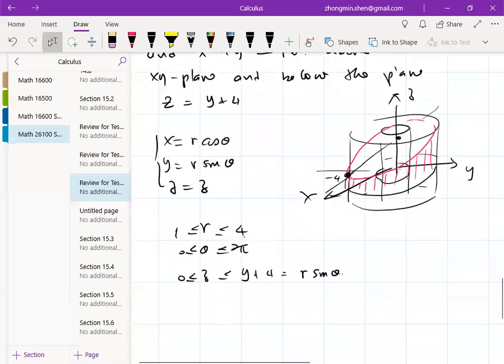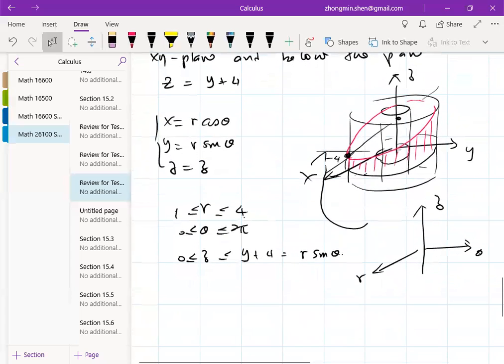So what you're doing is working in this coordinate system: this is z, this is r, this is theta. Given the three equations for x, y, z, it's mapped from here to here. So the domain here, r is between 1 and 4, and the only problem is z.